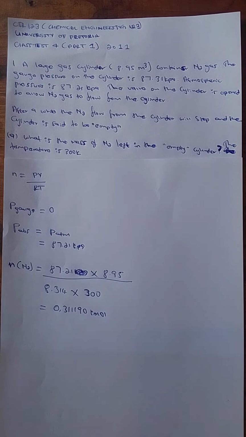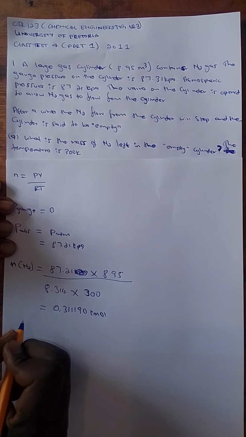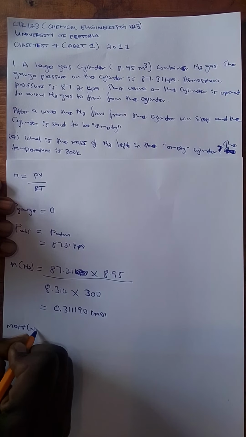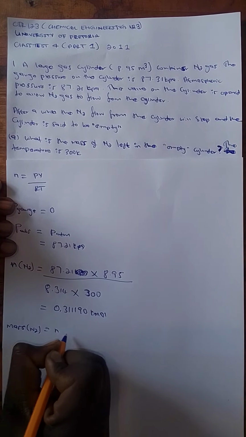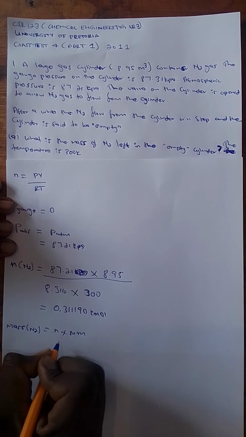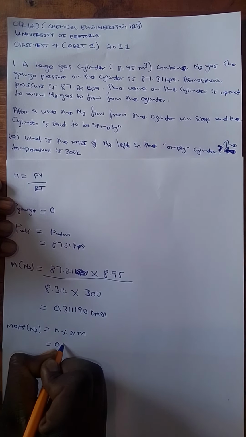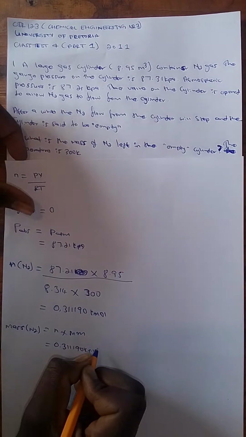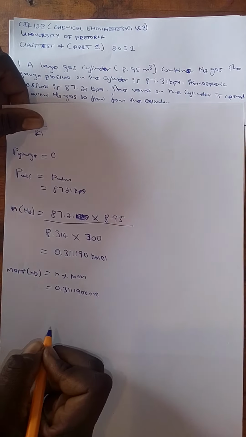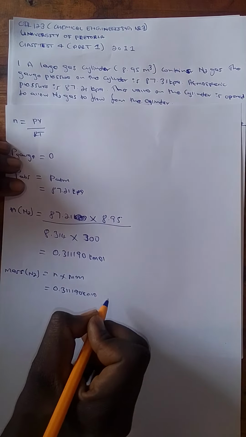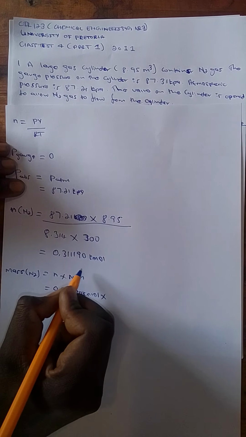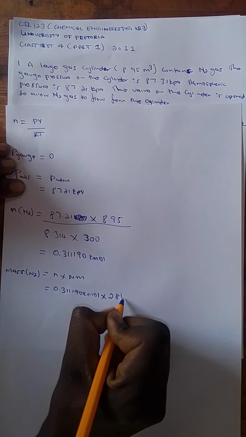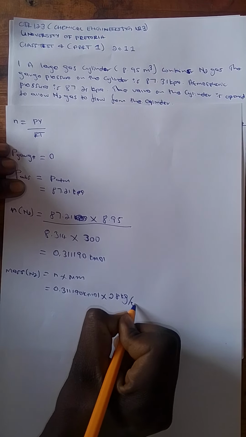We can use an equation we know with the molar mass to calculate the mass of N2. So mass of N2 is equal to the number of moles multiplied by the molar mass of N2, which is 0.311190 kilomole multiplied by the molar mass of nitrogen, 28 kilograms per kilomole.